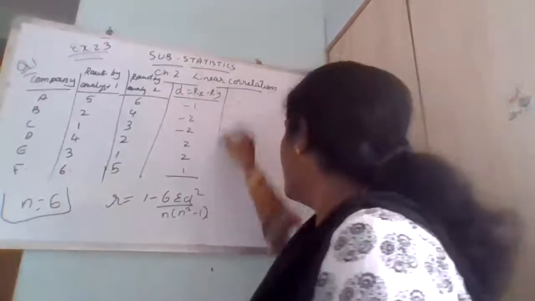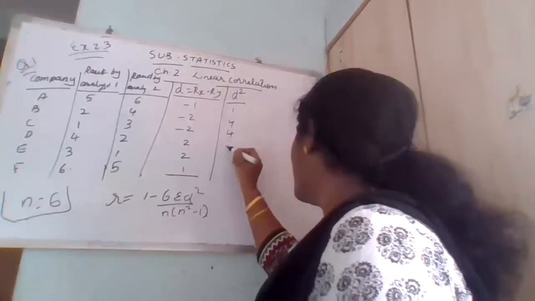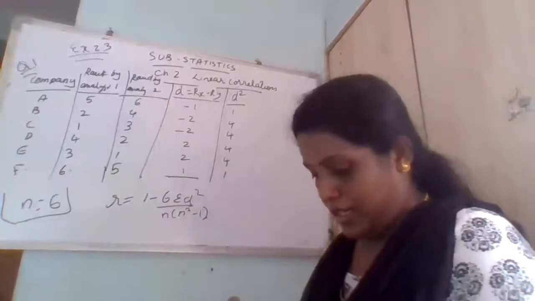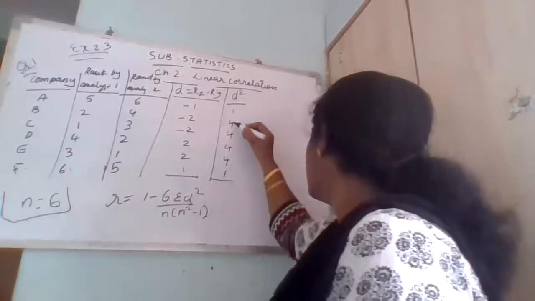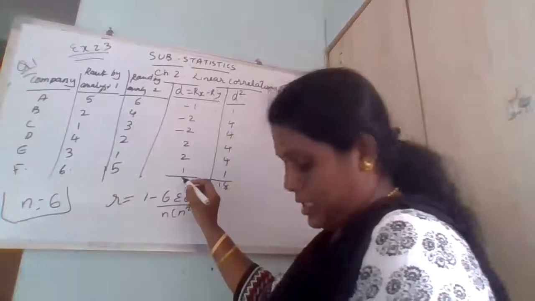Now we square: 1, 4, 4, 4, 4, and 1. Now the total sigma d square is 18.